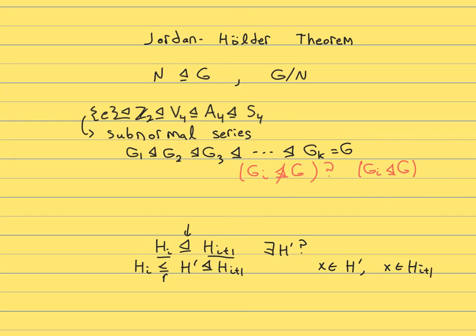If x is in H', then it's in H_{i+1}. And so x H_i x^{-1} is already equal to H_i because you're assuming H_i is normal in H_{i+1}. So the point is, in one of these sequences, if you could find a normal subgroup lying between them, then you can make the sequence one step longer.